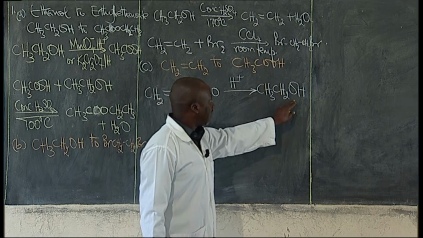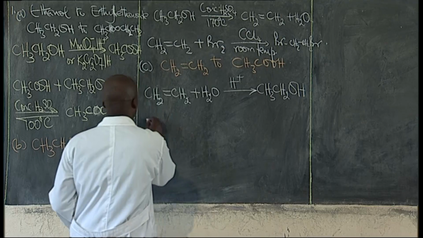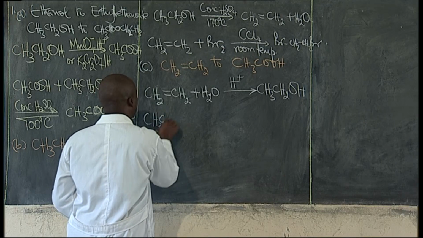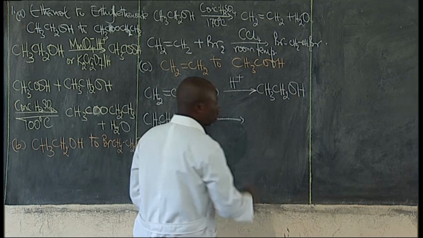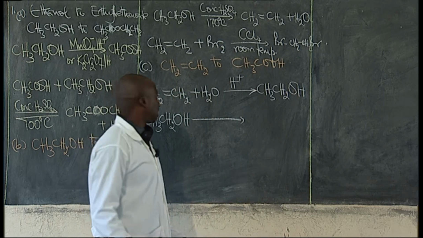So when you get the alcohol, what are you going to do with the alcohol? Oxidize the alcohol. So you are getting ethanol, oxidize it completely using strong oxidizing agents.